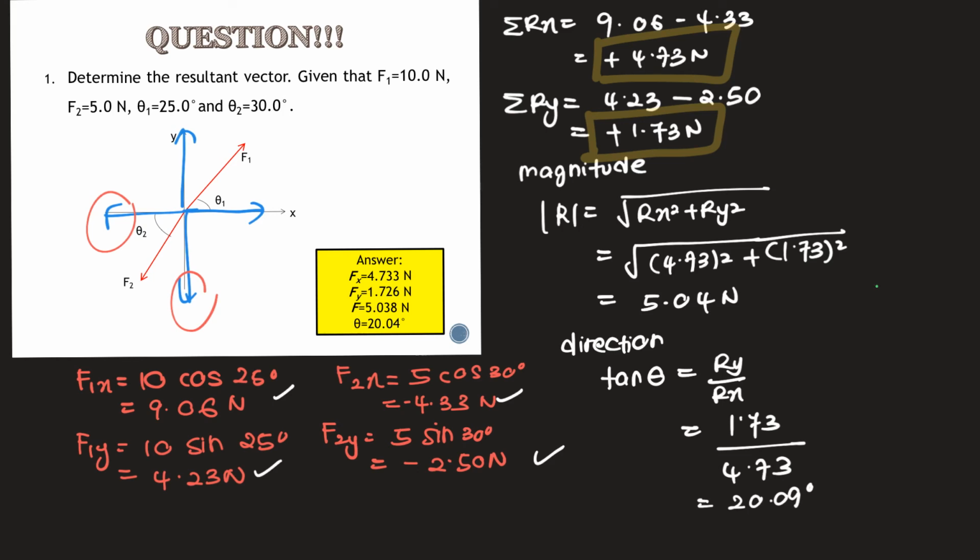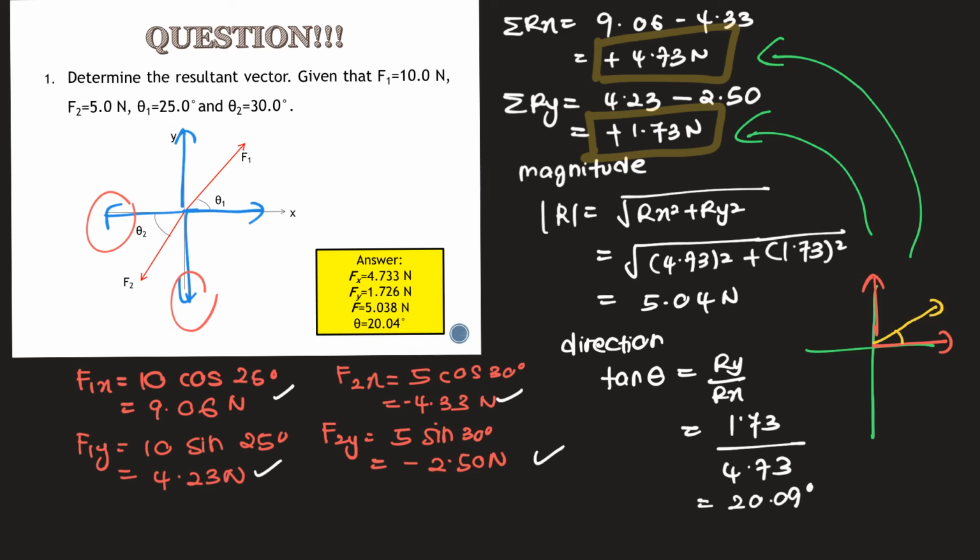When you draw, you refer to the resultant in x and resultant in y. Both are positive, so your resultant definitely will be here. Put the angle there, which is 20.09 degree, and your magnitude is 5.04 newtons.